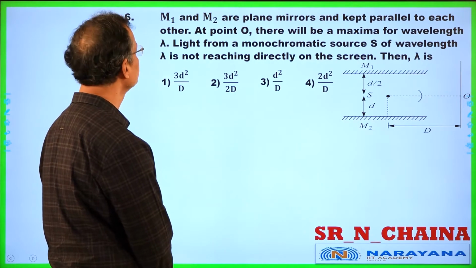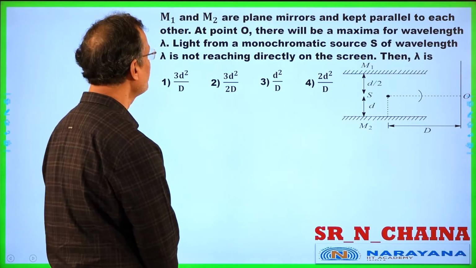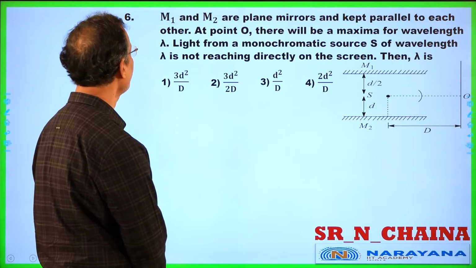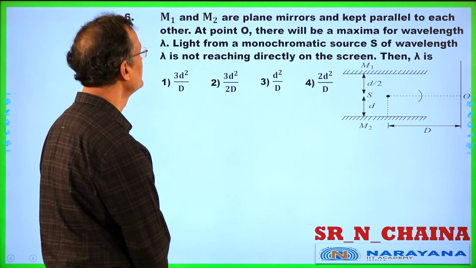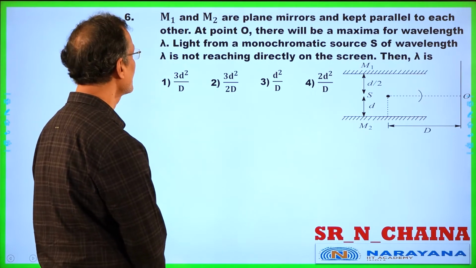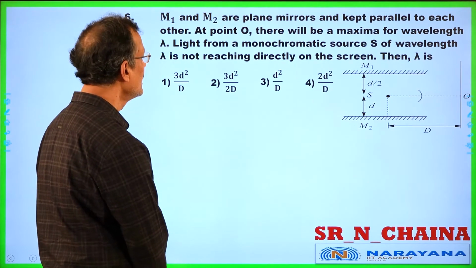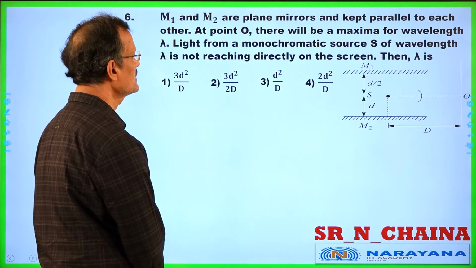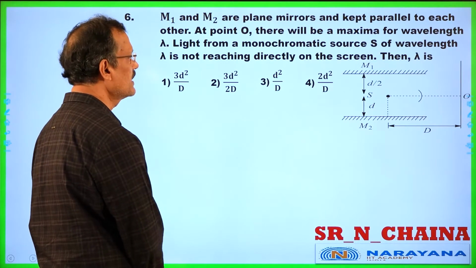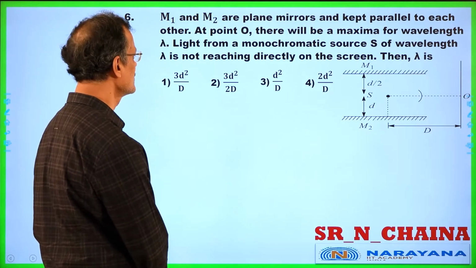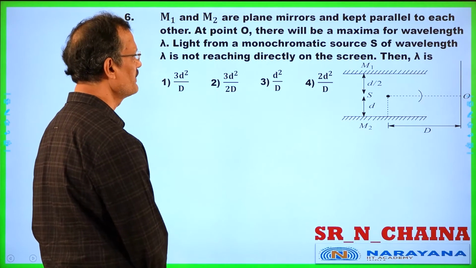Check here, M1 and M2 are plane mirrors kept parallel to each other. At point O there will be a maxima for wavelength lambda. Light from a monochromatic source of wavelength lambda is not reaching directly, meaning after reflection it is reaching. Again they are asking you lambda.